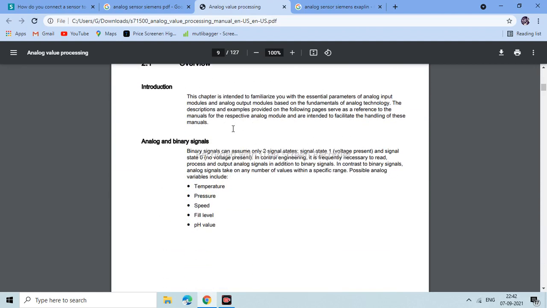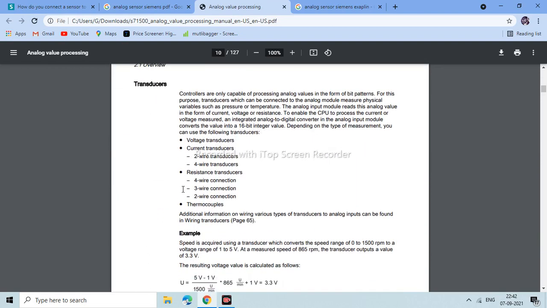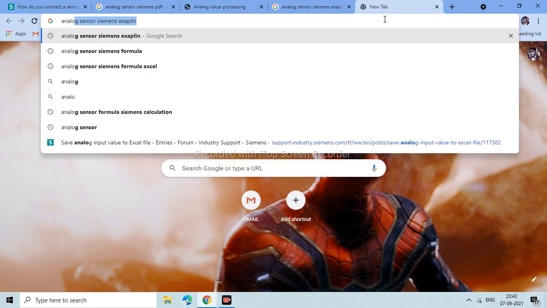So the analog sensors measure temperature, pressure, speed, fill level, pH level, and many more, which we get as analog signals. And analog sensors can be two wire, three wire, or four wire.